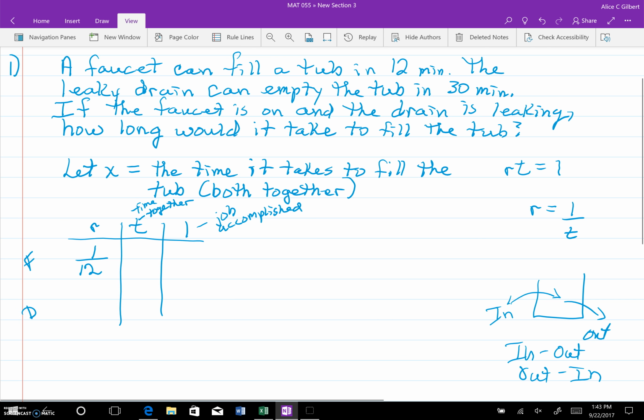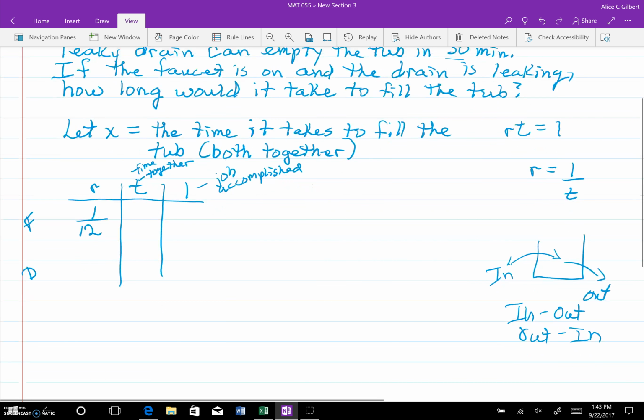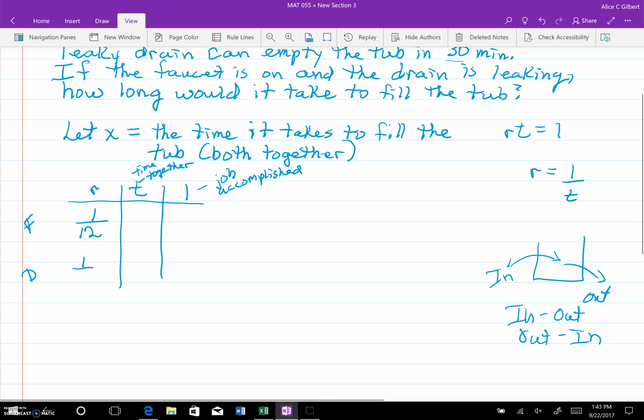And the drain takes 30 minutes to empty, okay? So 1 over 30. Now, I just assigned my time. X is my time it takes them together. Well, this is time together. So this is X, and this one's X. Now this is rate, got it right here, rate times time equals 1.